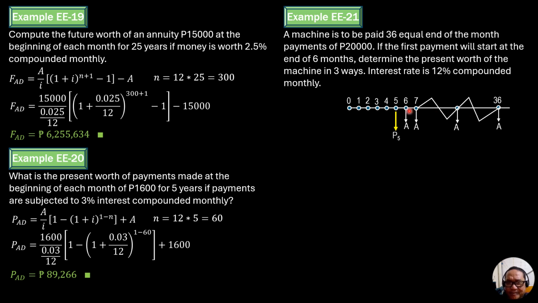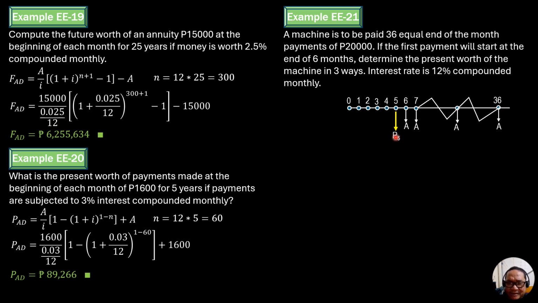The number of payments from 6 to 36 is 36 minus 6 plus 1. That's 36 minus 6, 30, plus 1, so that's 31. So P5 is present worth of ordinary annuity, A over I quantity 1 minus 1 plus I to the negative n, where n is 31 in this case.